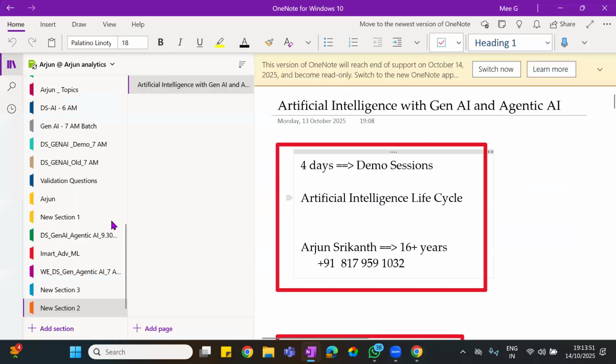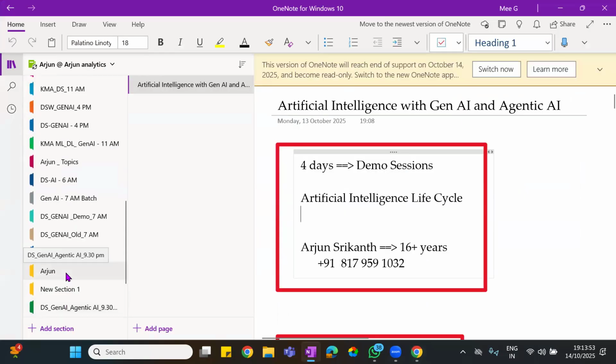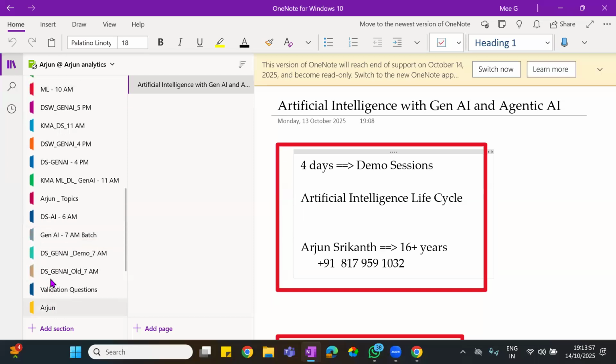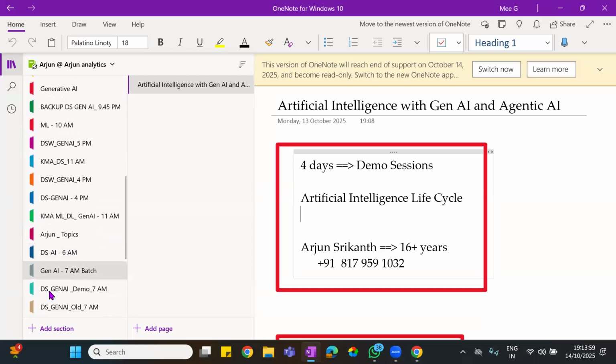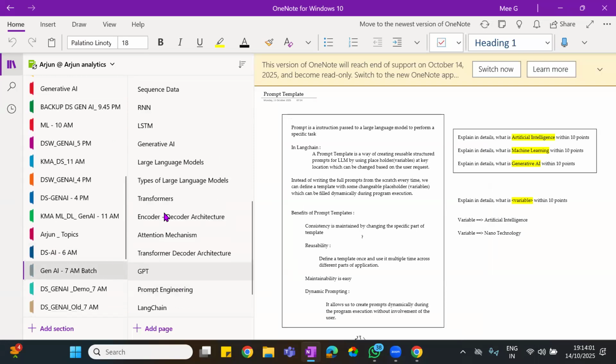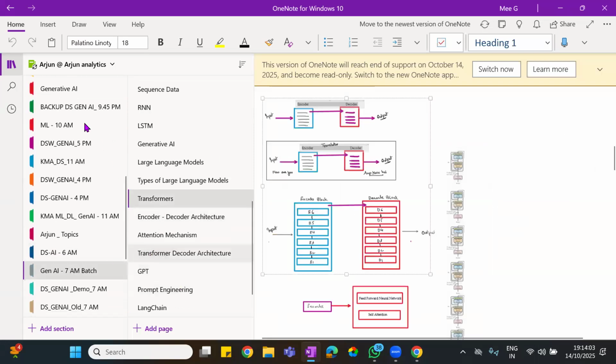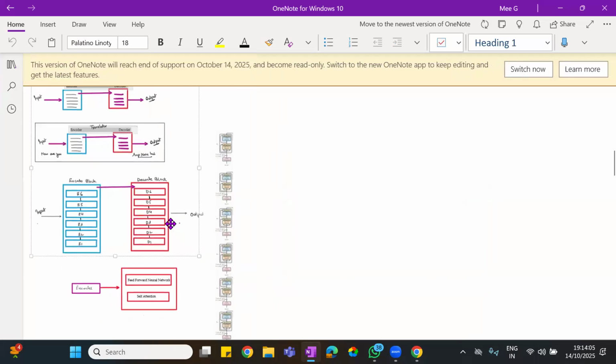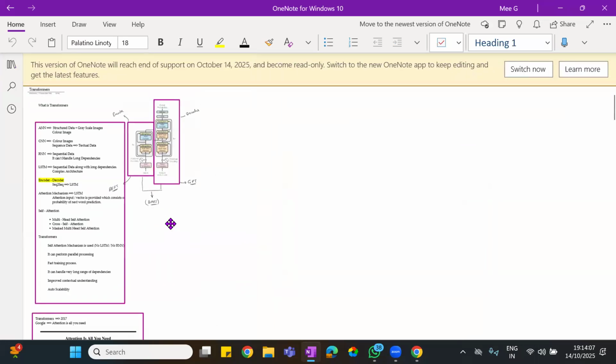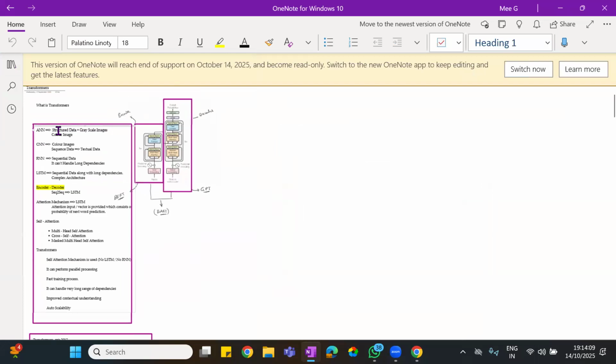If you see some complex concepts, like transformers, this is the way we are going to explain the complete notes.